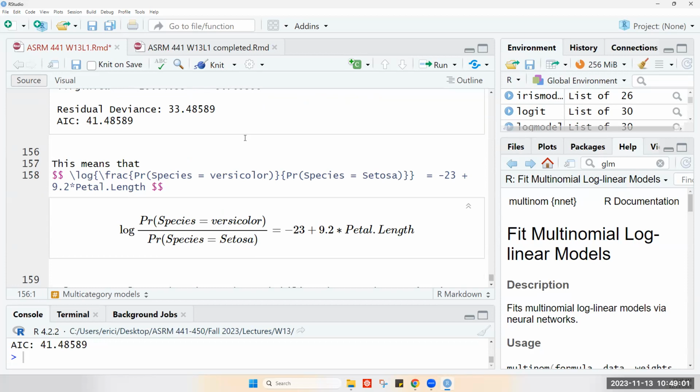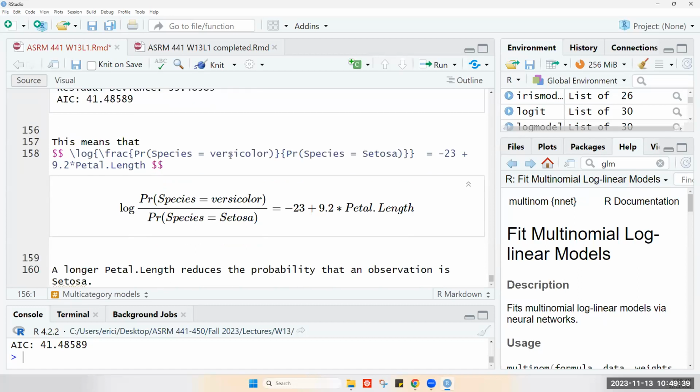Okay? Remember, our linear combination can be anything from negative infinity to positive infinity. If it's negative infinity, that means that we are definitely a Setosa, because that means the log of this odd is very negative, which means it's very close to 0. Well, which means this ratio is very close to 0, meaning it's most probably Setosa. If this linear combination is very large, that means the log odds are very large, which means that the probability of versicolor is much larger than the probability of Setosa.